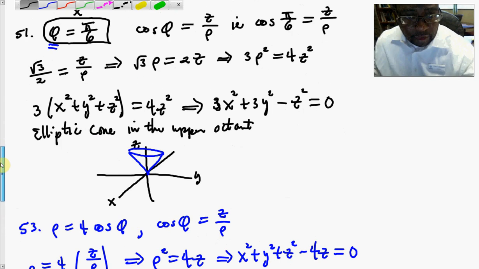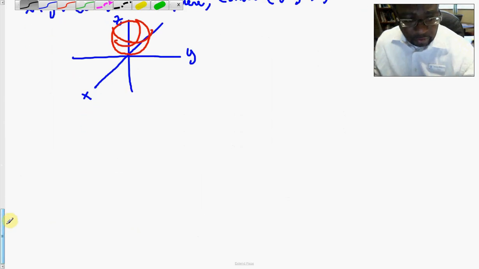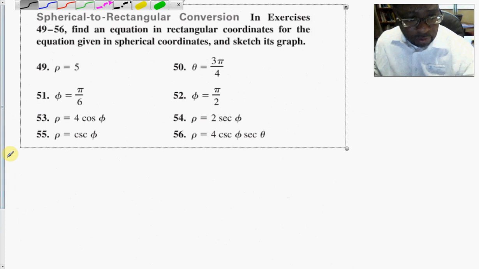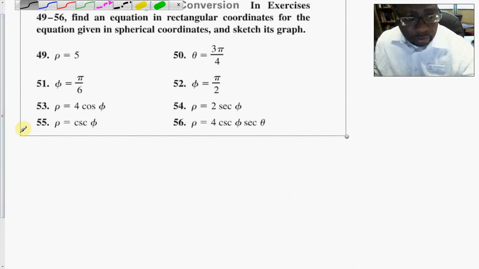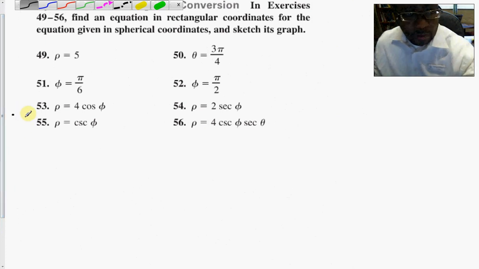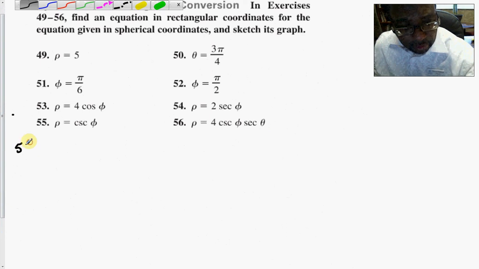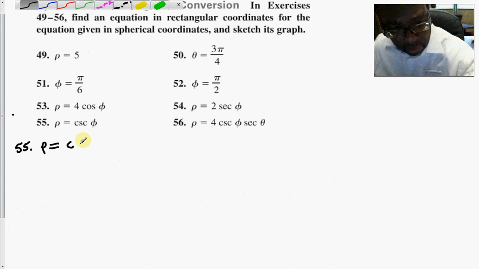Number 55. So 55, we have rho is equal to cosecant phi.